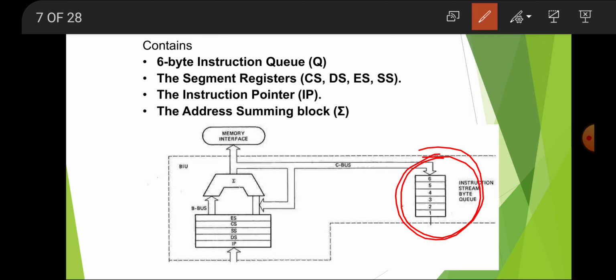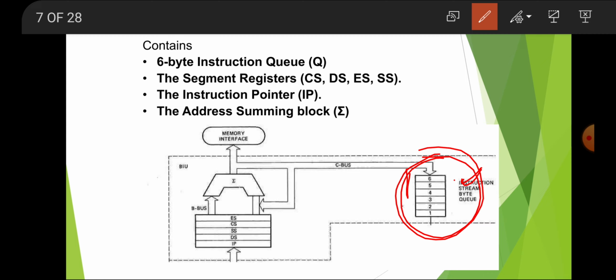Some instructions might be 2 bytes or 3 bytes, and those can be stored. But you can see 6, 5, 4, 3, 2, 1. If byte 6 is empty, it fetches the next instruction. When 2 blocks, 6 and 5, are empty, meaning 2 bytes are empty, only then will it fetch the next instruction.